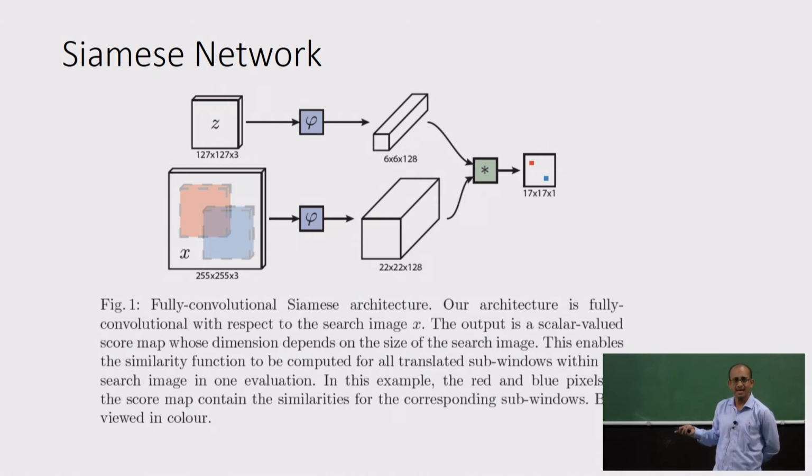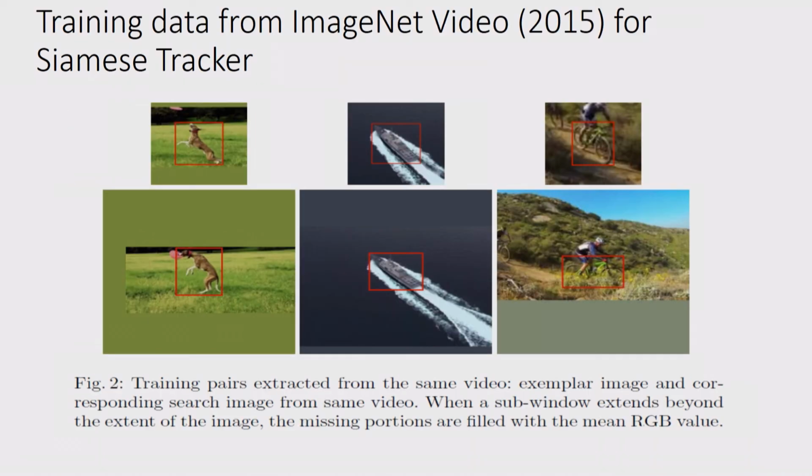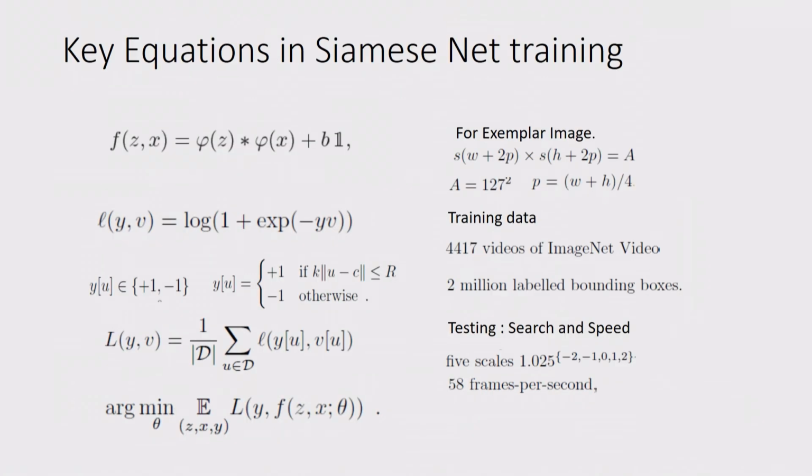Wherever the correlation is higher, there we have the better identification of the object, and that we do in each frame. And as I mentioned, there are a good number of data sets developed for visual object tracking, to evaluate or to train them as well.